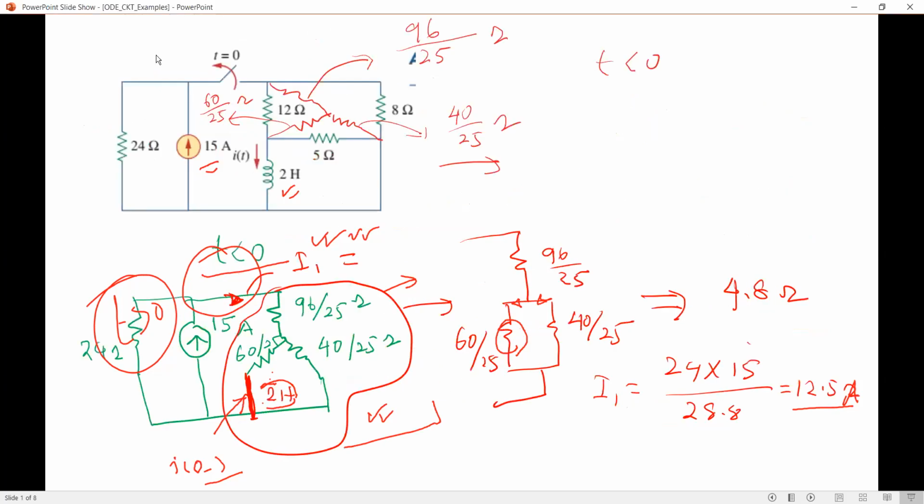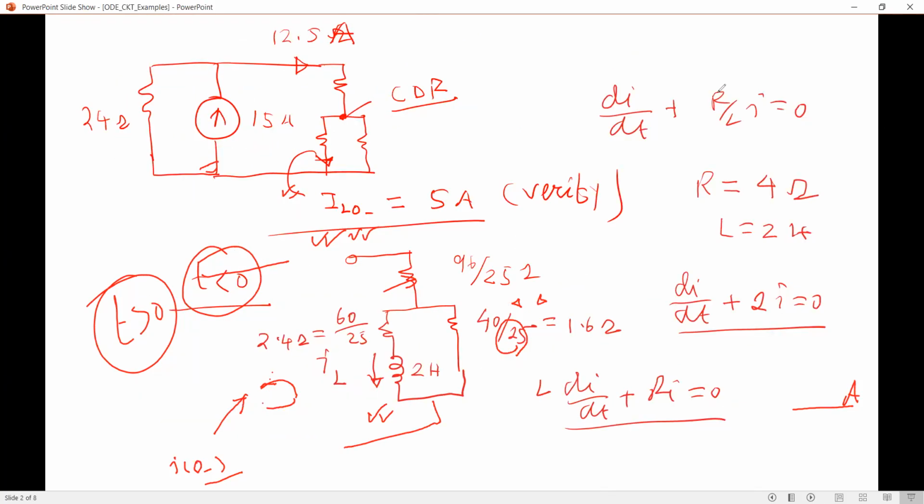No, sir. The current source will be disconnected. As a result, you will see your network looking something like this.